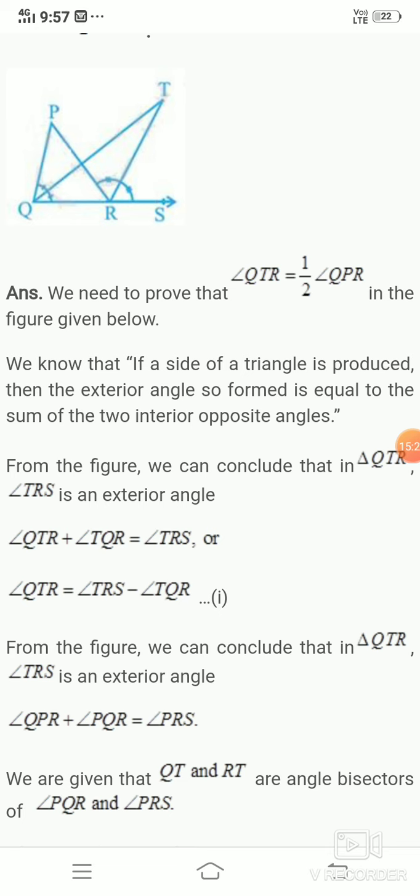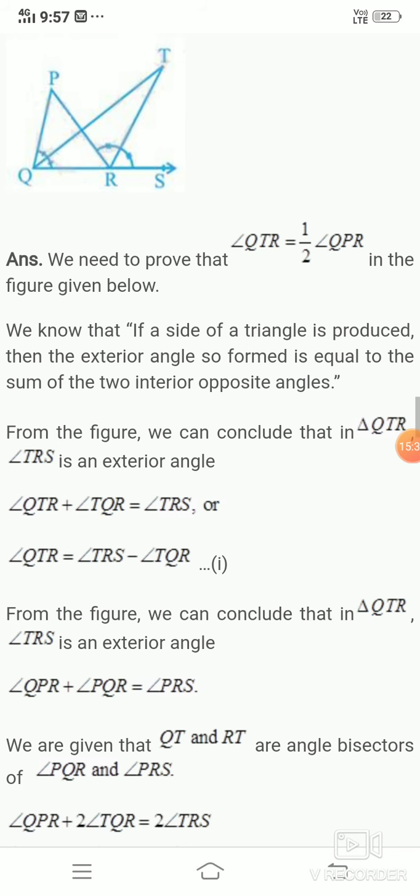Now you are going to use the bisectors. At R and at Q the bisector is given, no? QT and RT are the angle bisectors of angle PQR and angle PRS.